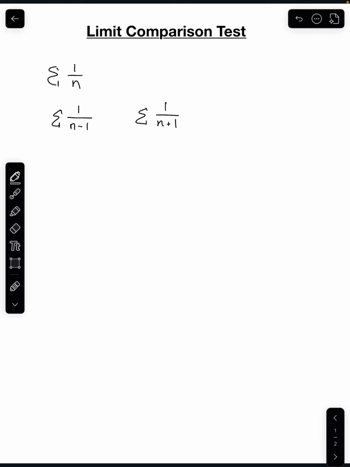So the limit comparison test works like this. We're going to have two sequences of terms, and they're both going to be positive sequences, meaning that all of the terms in the sequence are positive.